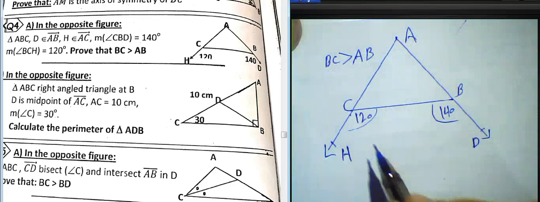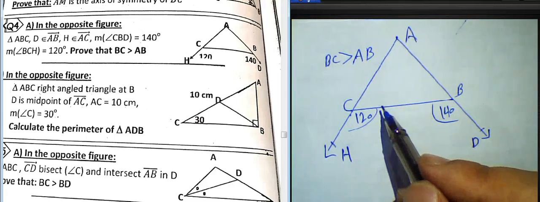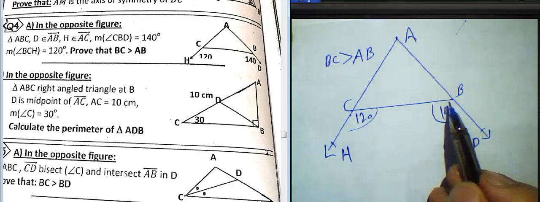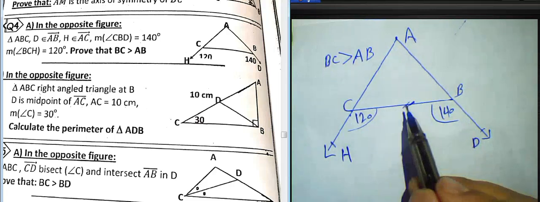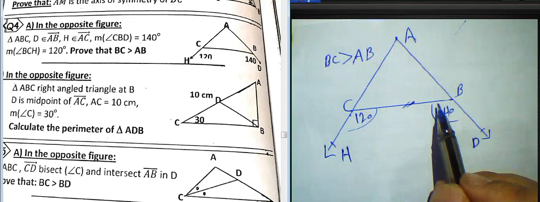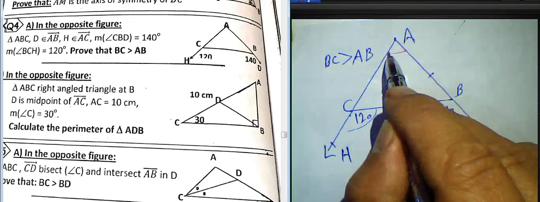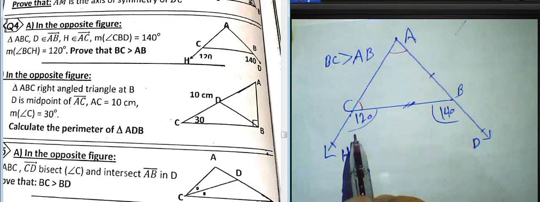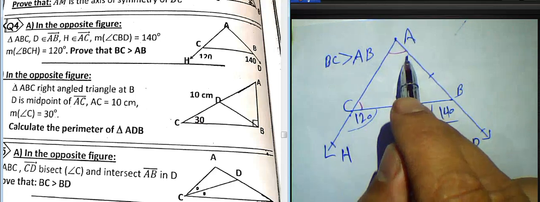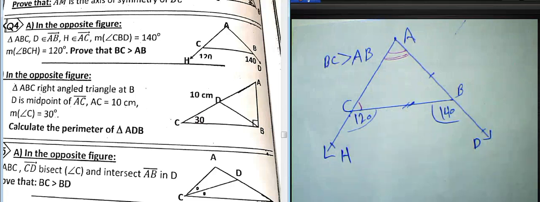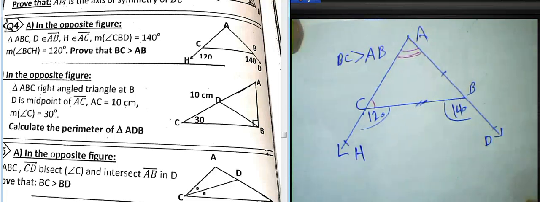You must ask yourself, how can we solve this? Look at BC, this side. We must get the measure of angle A and the measure of angle C, and you must prove that measure of angle A is greater than measure of angle C. Okay? Who can solve this with me?